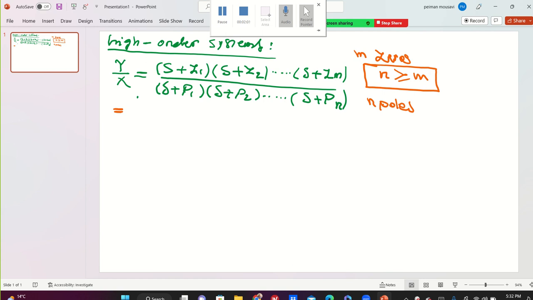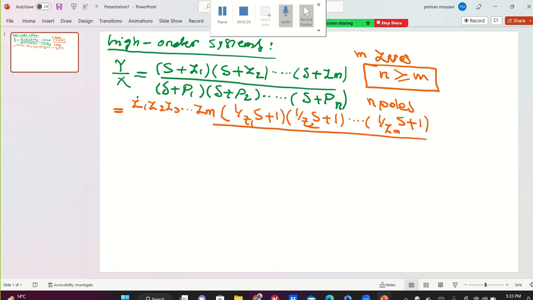So what you're gonna have is z1, z2, z3, zm, and in the numerator 1 over z1 s plus 1, 1 over z2 s plus 1, until 1 over zm s plus 1.